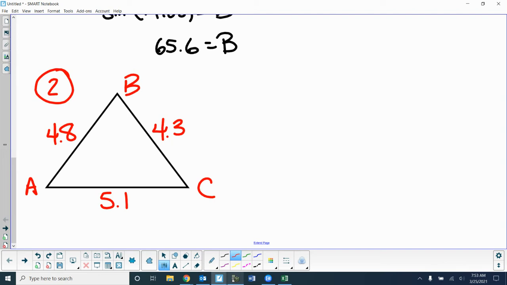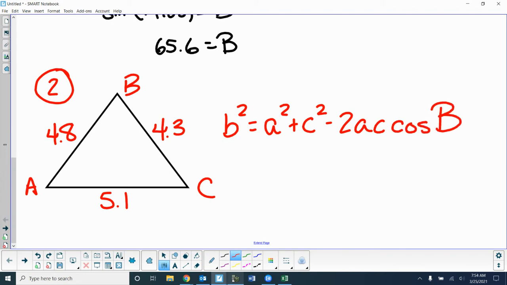So that means you're going to use B squared equals A squared plus C squared minus 2AC cosine of angle B. All right, that's the one you're going to use, and make sure you put the right numbers in the right spot.